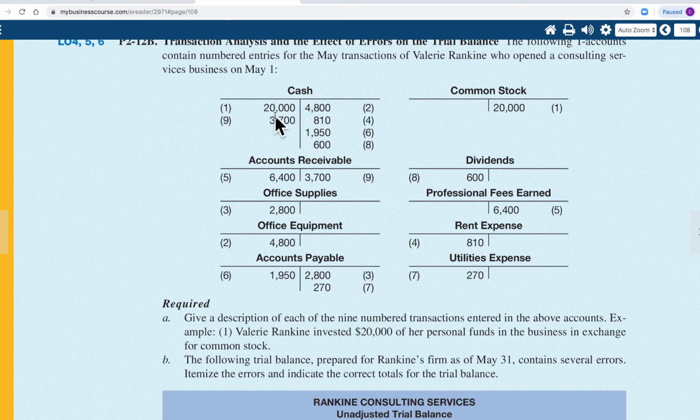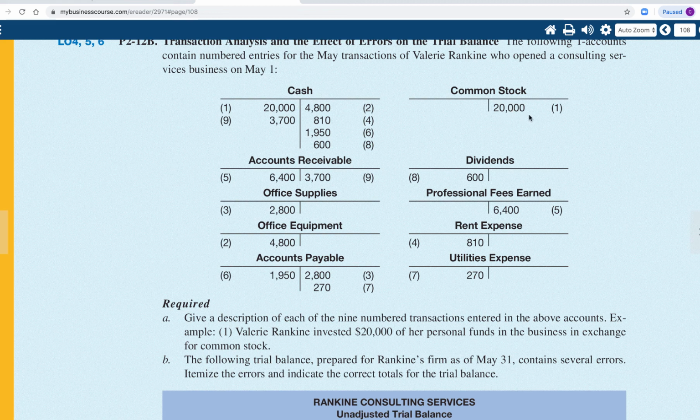Oh, okay. Yeah, you can do this, because we already did this in the last problem, right? So let me just give you a quick example. Look at 1. We debit cash, credit common stock. Well, Valerie invested 20 grand of her personal funds into the business.